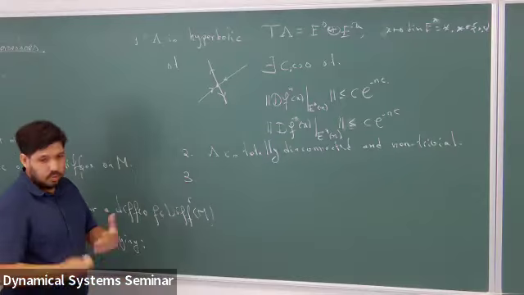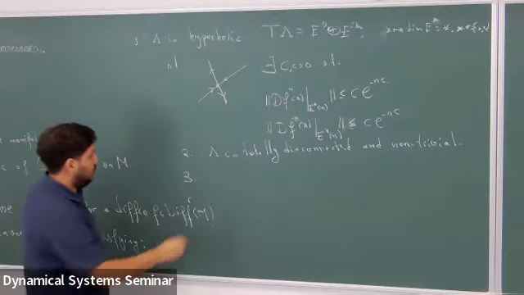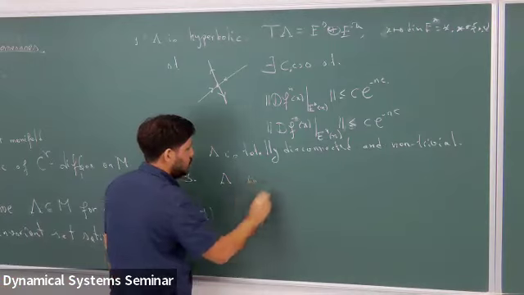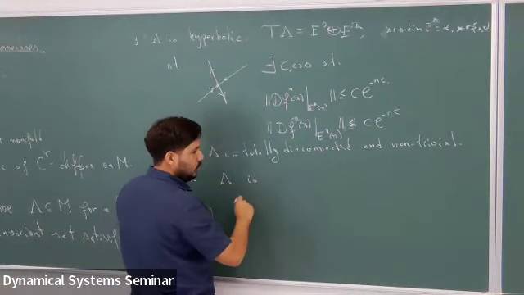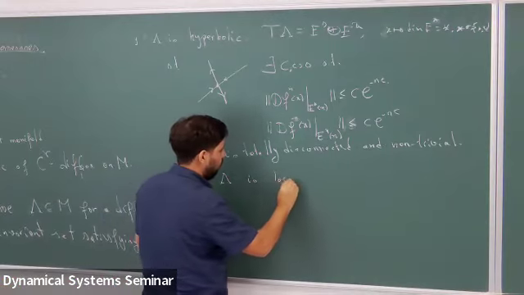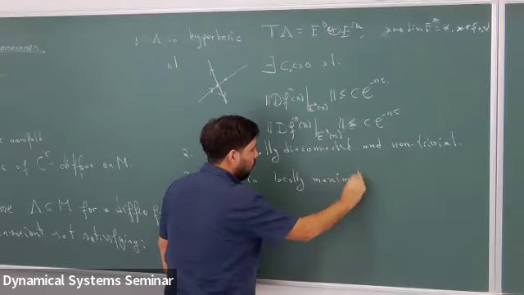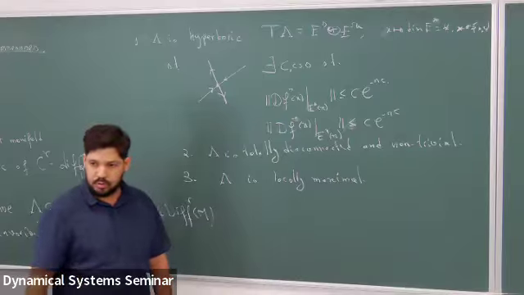The third one is more of a dynamical nature, and I would require that lambda is locally maximal, or equivalently, that it has a local product structure.